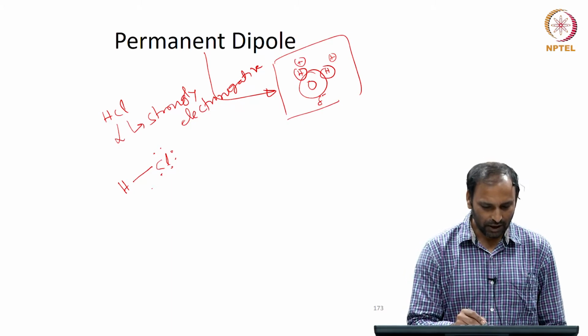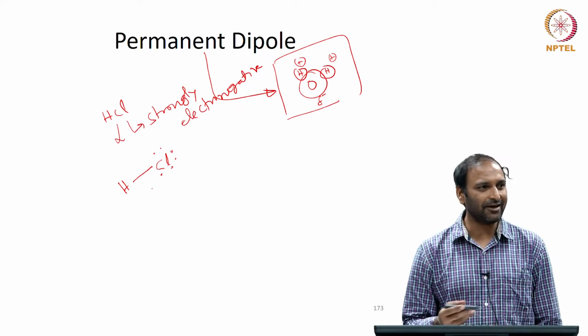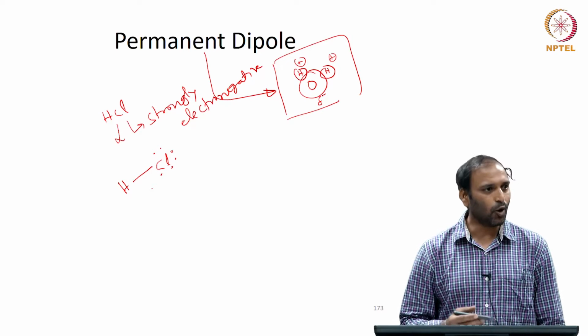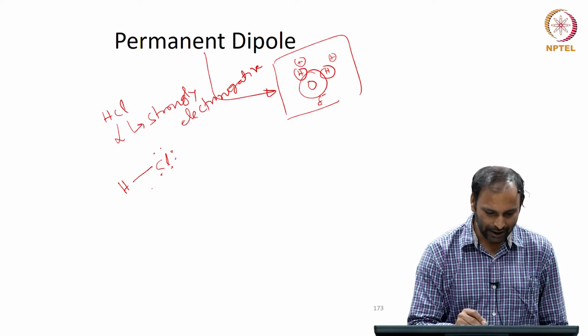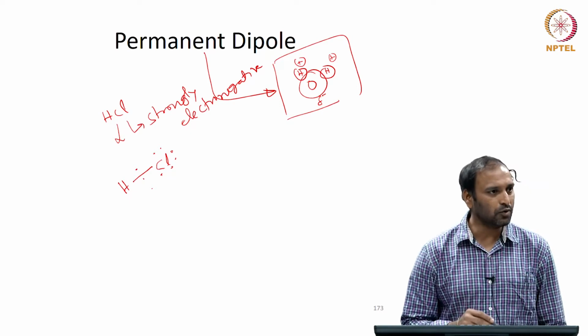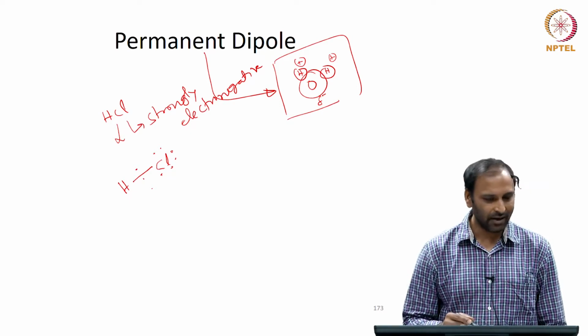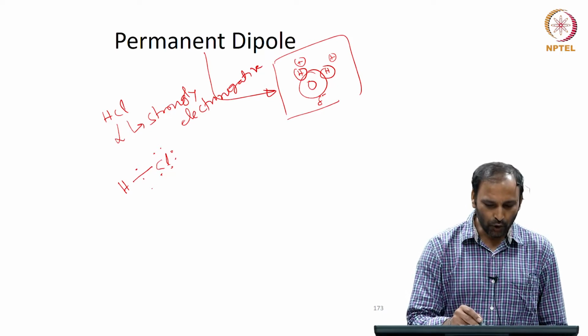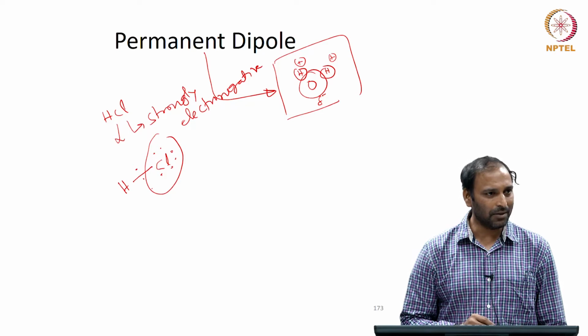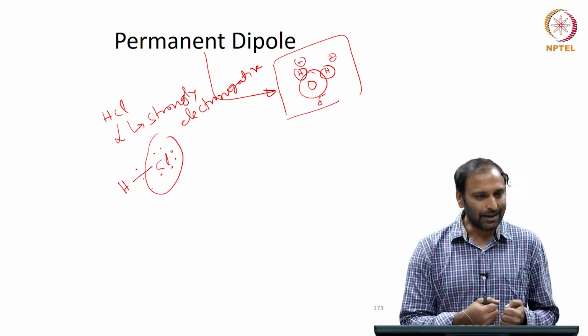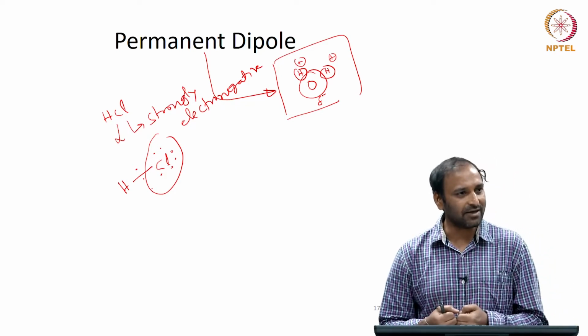When you talk about sharing of electrons, we talk about covalent bonds. In covalent bonds, the electrons that are shared belong to both the atoms. Because chlorine is a strongly electronegative atom, it will pull the electrons a little bit towards itself.